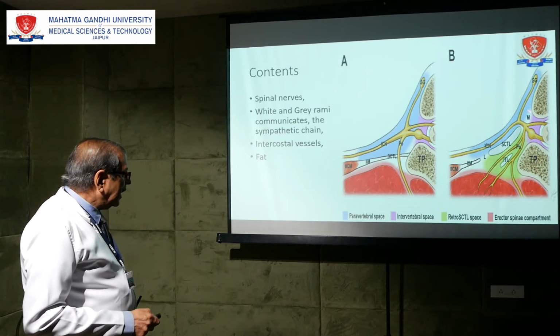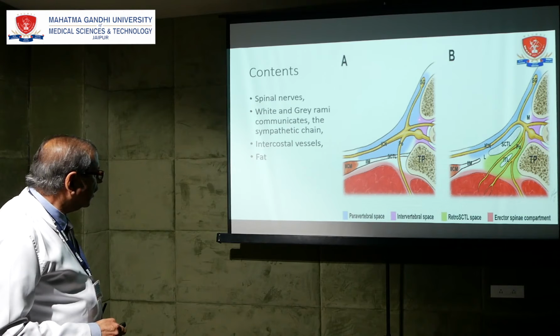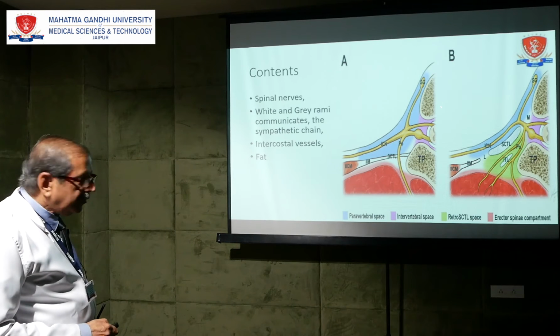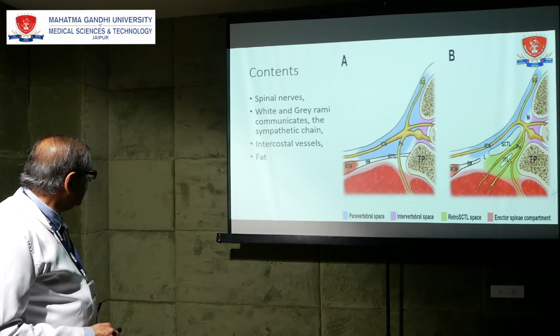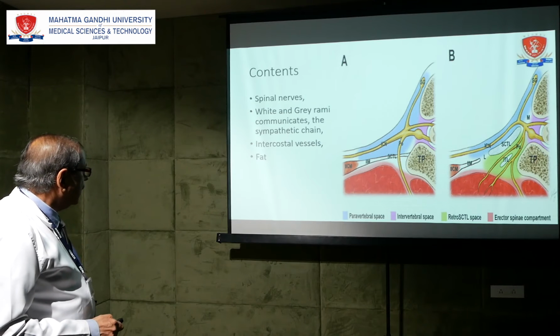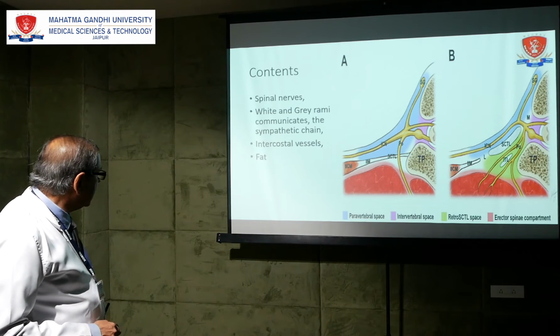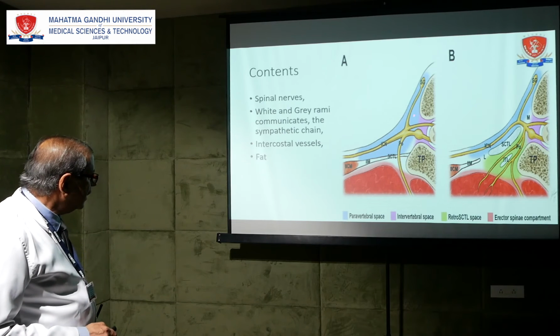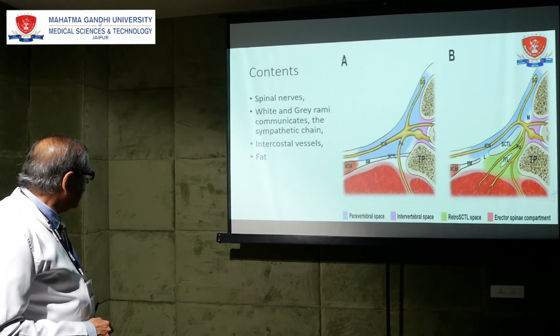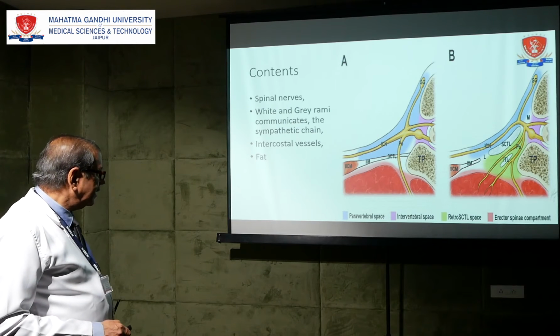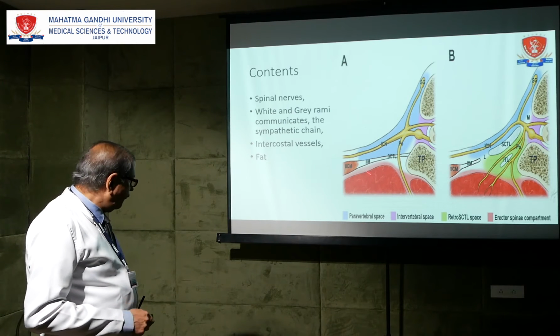Obviously, the emerging nerves from the particular segment of the spinal cord, the ventral and the dorsal nerves, the white and grey rami communicantes to the sympathetic chain, and intercostal vessels and fat.